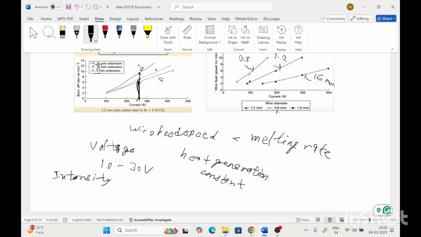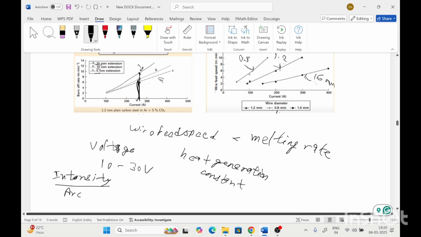So the arc intensity can go very low or very high. With low arc intensity, we will not be able to weld properly, and with high intensity, we can get a shock also.